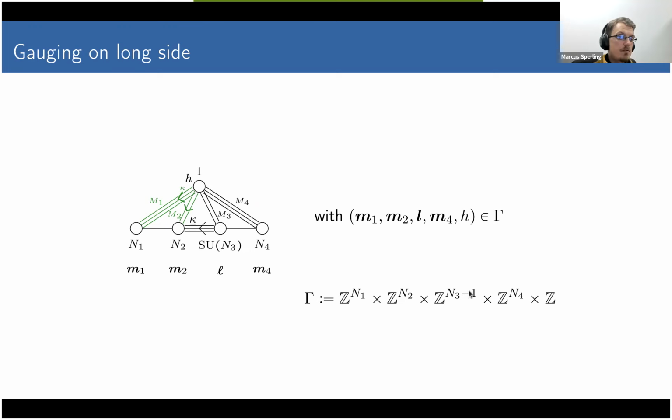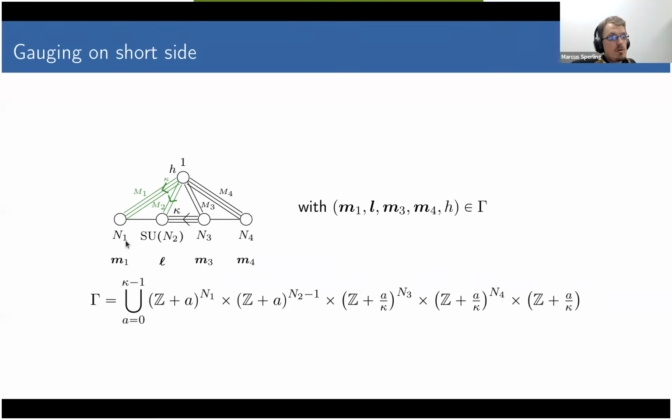And then the magnetic lattice is still the integer lattice. But if you do it on the short side, you still do the same thing. All the flavors collide, and you need to adjust the U(1) charge of the previous flavors on the short side, but you also need to change the lattice that you need to sum over.